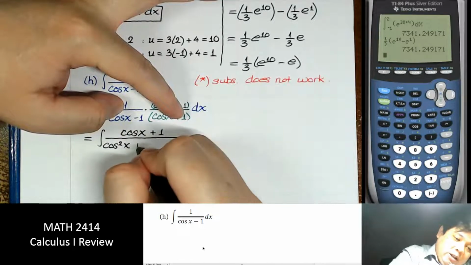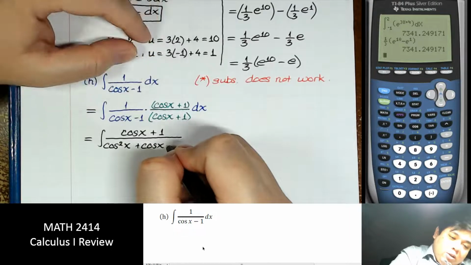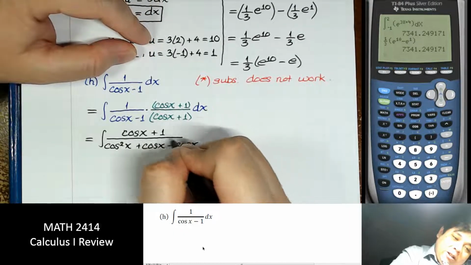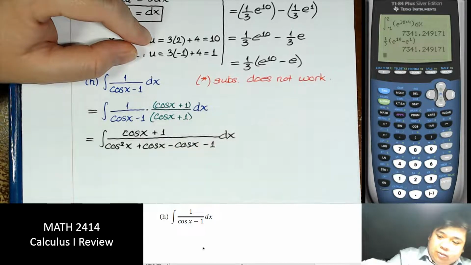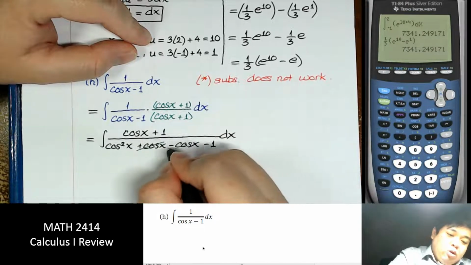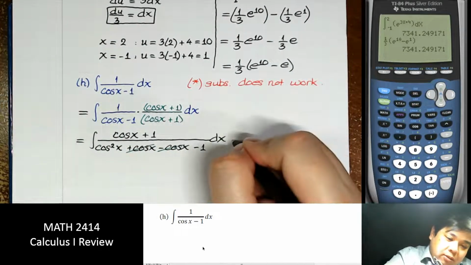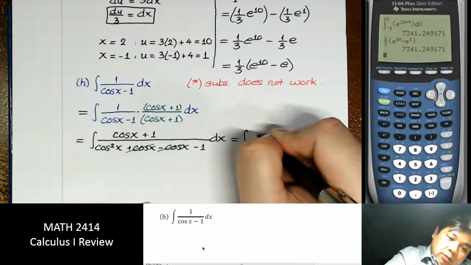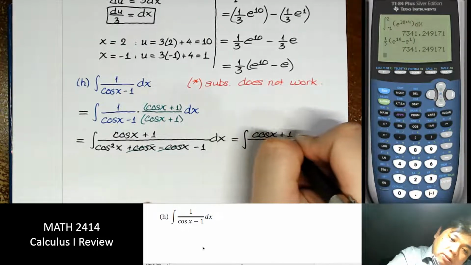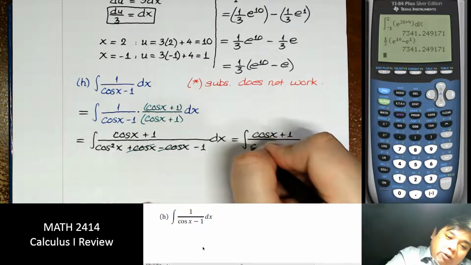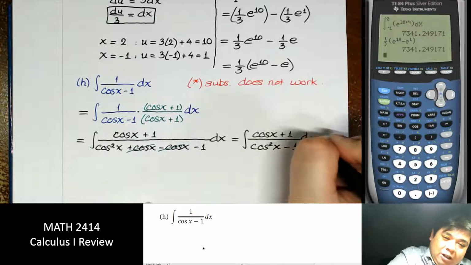Cosine times 1 is cosine, and then minus cosine and minus 1. The reason is that when we multiply by the conjugate, the middle terms cancel out. And we have cosine squared minus 1 dx.